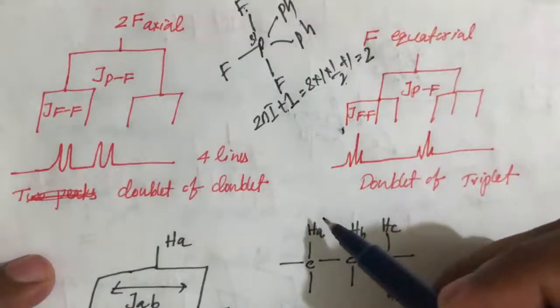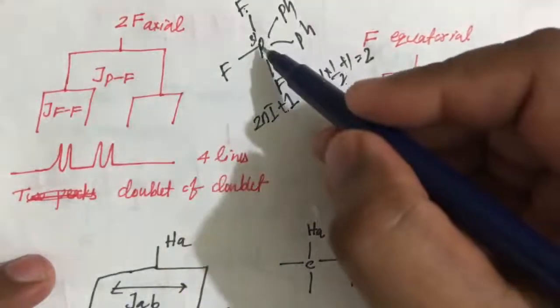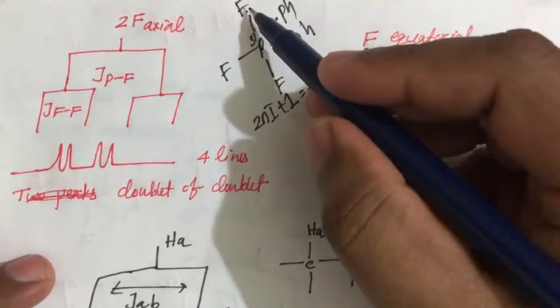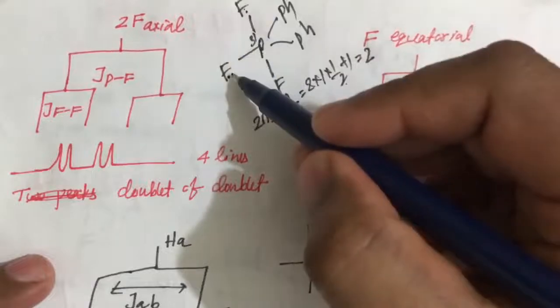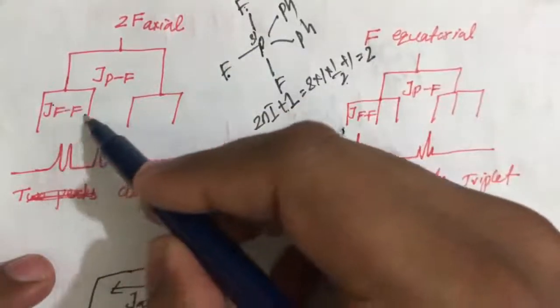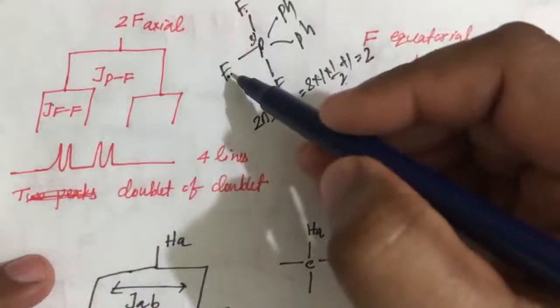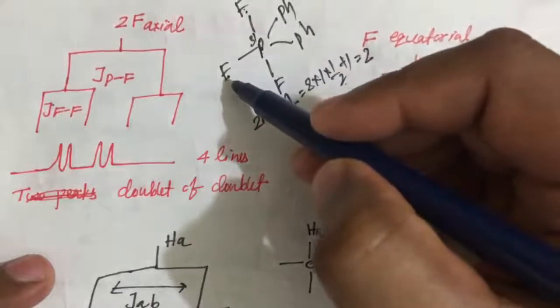Okay. Now next, these 2 fluorines are coupled with the equatorial fluorine, that is, JFF, the fluorine coupling. So how many fluorines? Only 1 fluorine.